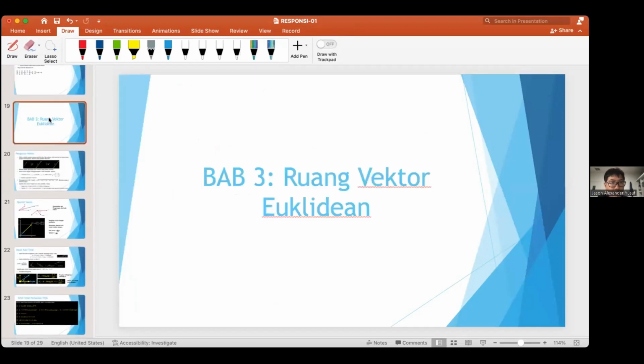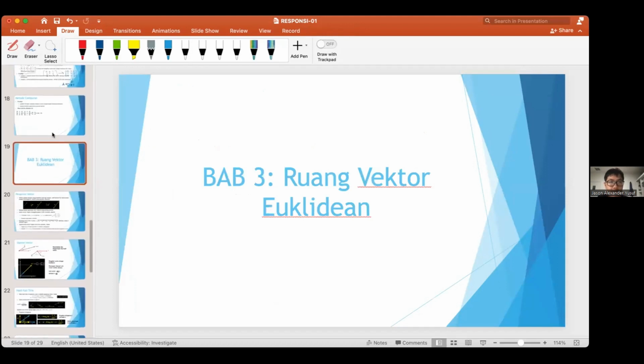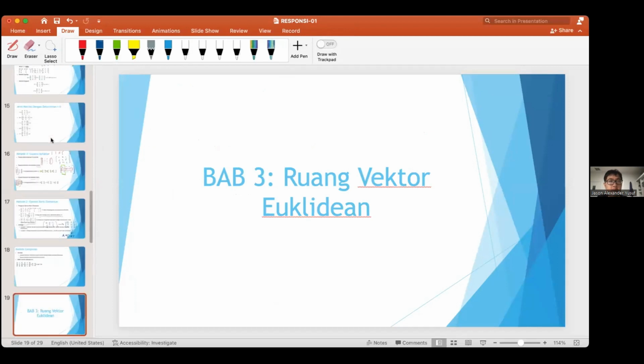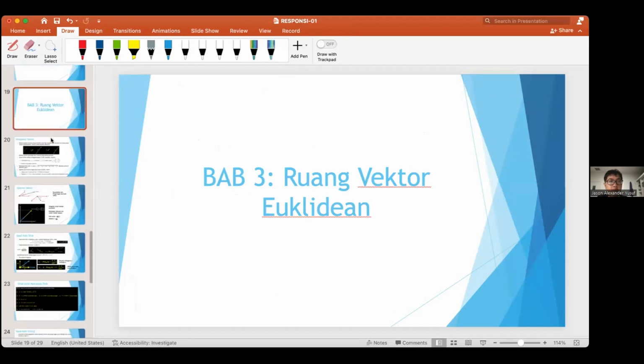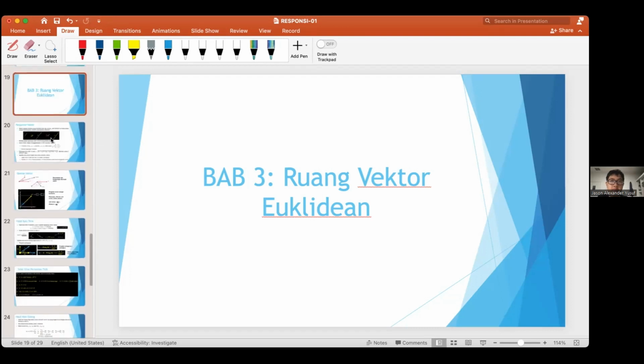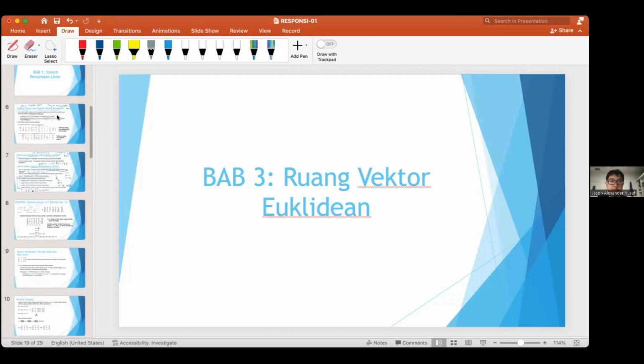And the third one after this is the third chapter, which is Euclidean vector spaces. This is a bit of a tricky chapter, because it can get a bit abstract. There's a lot to digest. This chapter 3 relies on chapter 2 and chapter 1.